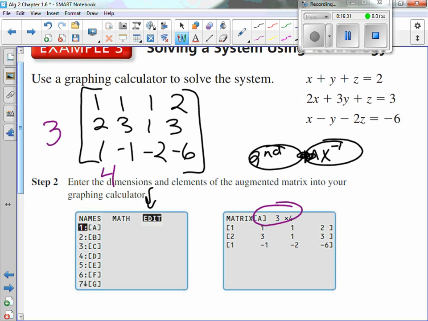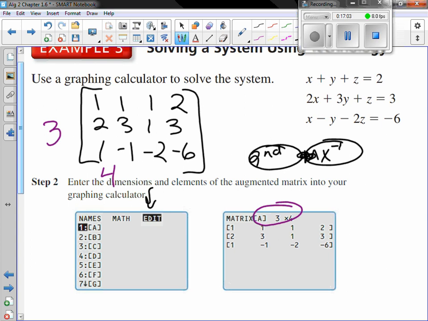So 1, enter, 1, enter, 1, enter, 2, enter, and that should be the top row. Once you get all the numbers of this matrix plugged in, do second quit.